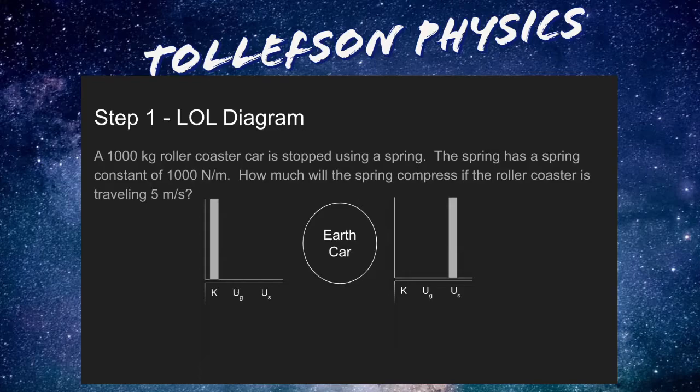And I actually want to know something about the spring, so I should really add that to my circle in the middle. All right, so now take this energy bar chart and come up with a conservation of energy equation that will allow you to solve for the compression of the spring. Hit pause now and unpause when you're ready to see the results.